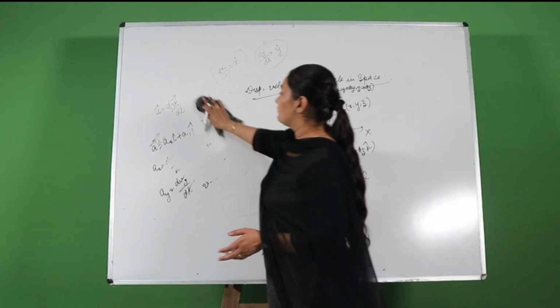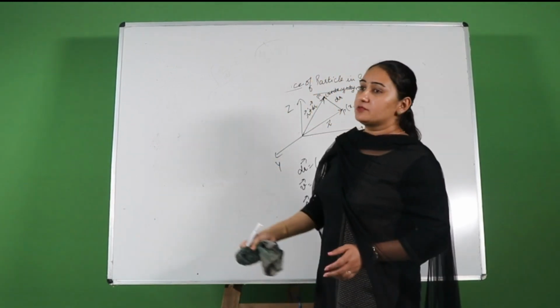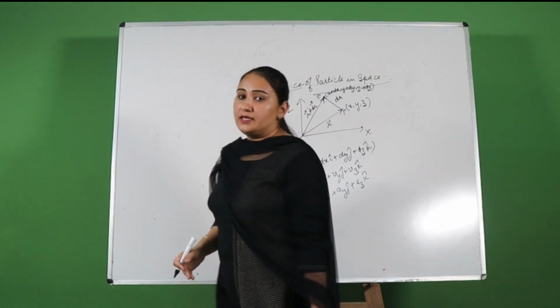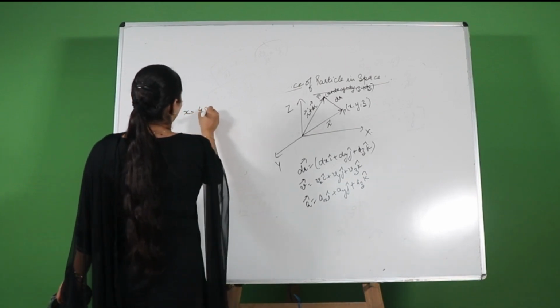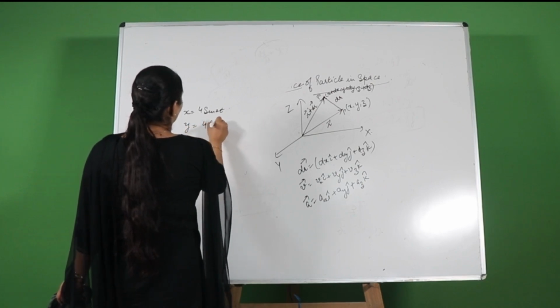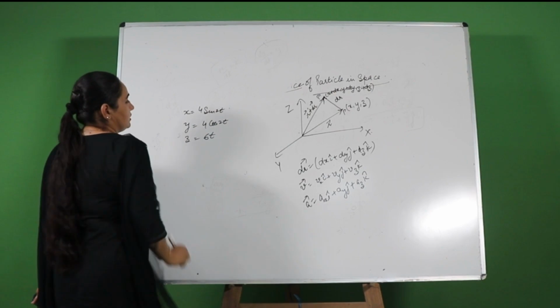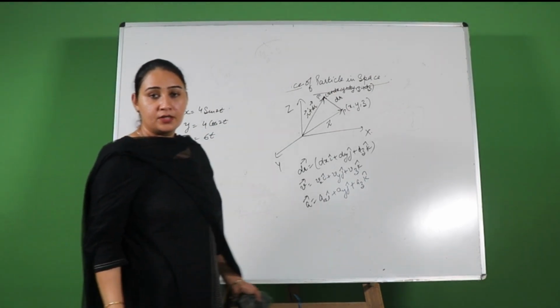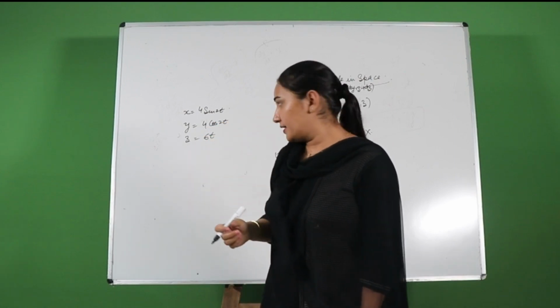Now we can have one problem for the three-dimensional geometry. Let us suppose the position of a particle is described by x equal to 4 sine 2t, y equal to 4 cos 2t and z equal to 60. Then you have to find the velocity and acceleration.